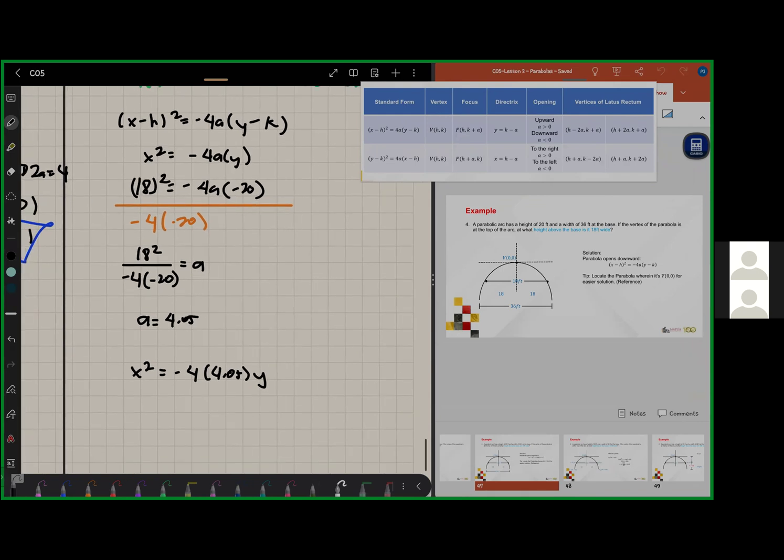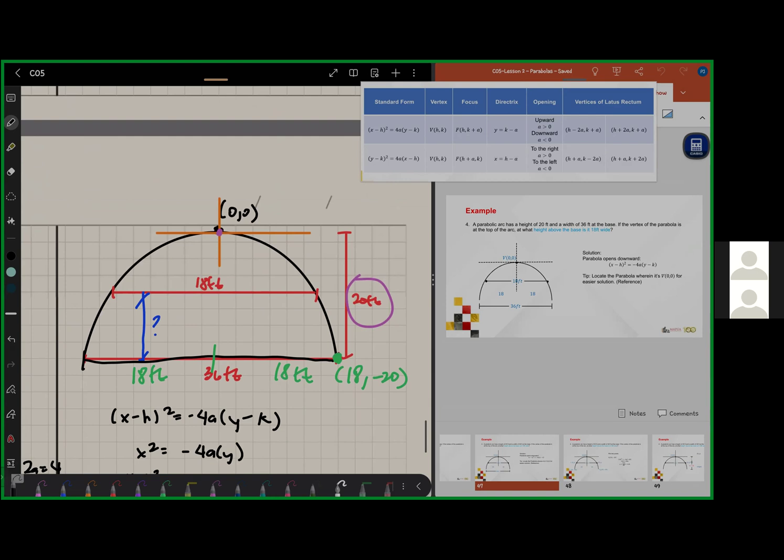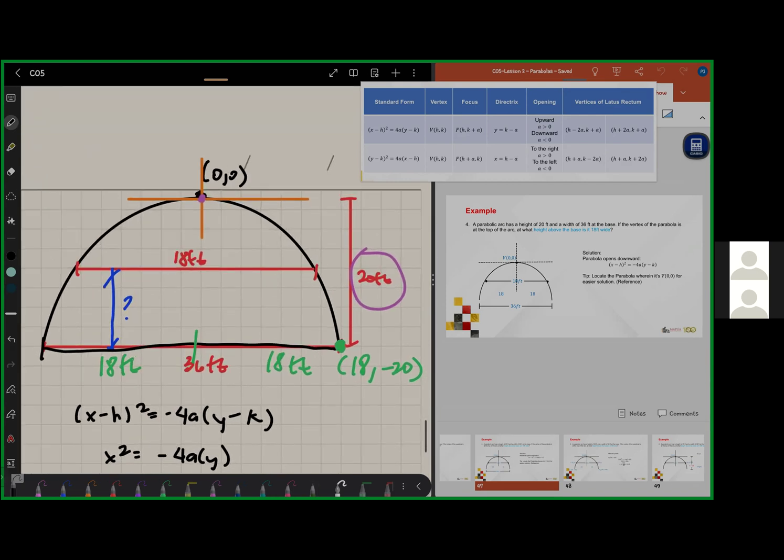So now, since we have the value of a in our equation, we can now solve for the height of the parabola at 18 foot width. So again, it's just the same here. If it is at 18 foot width, we are solving for this point, so we can solve for this y value. If we cut it again, we have 9 feet and 9 feet.